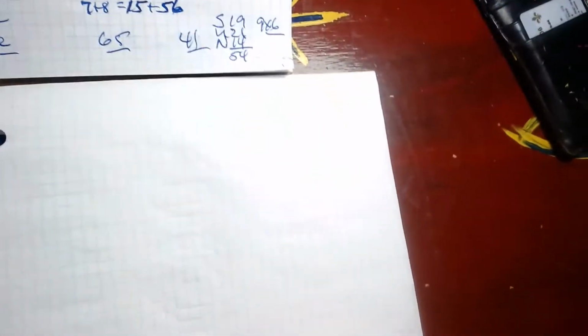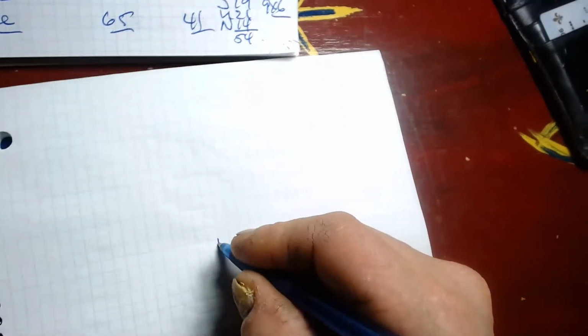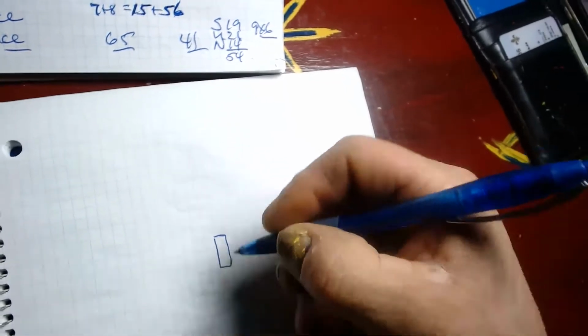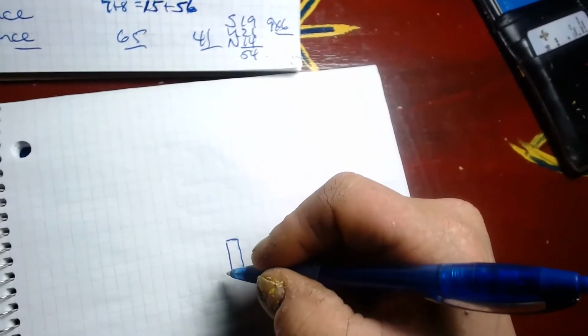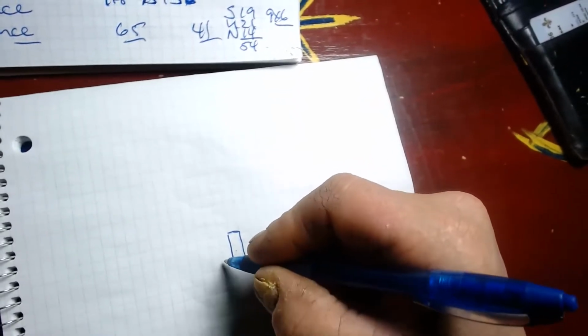So now I'm going to go onto the number 6. And I'm not sure which way I want to do it. So we're going to say this is 6. And then I'm just trying to look.